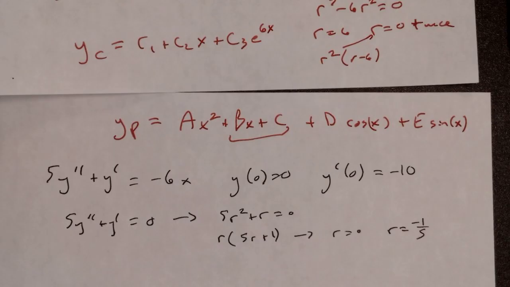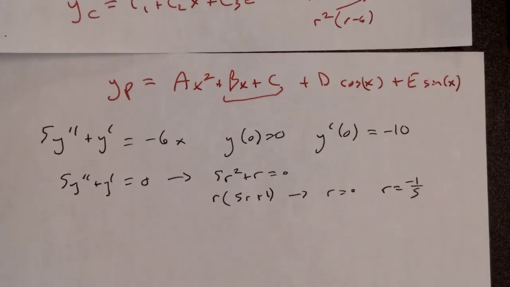So what does my homogeneous corresponding solution look like? The complementary solution, yc, is C1 plus C2 e to the minus one fifth x.